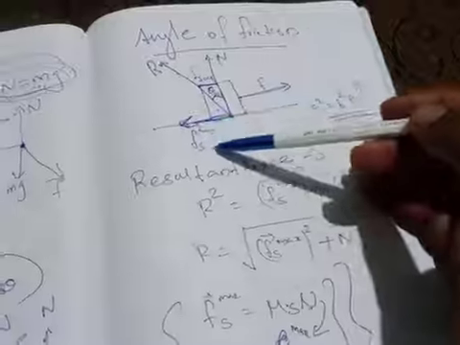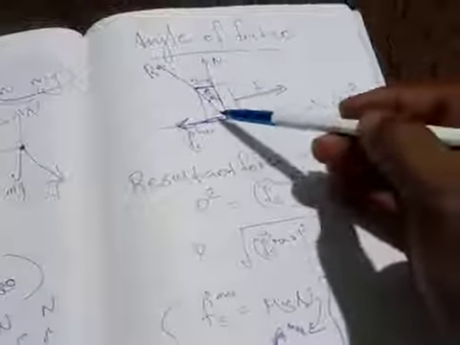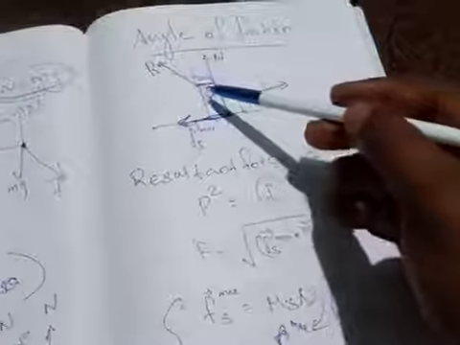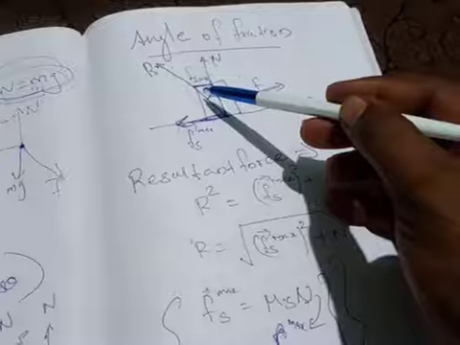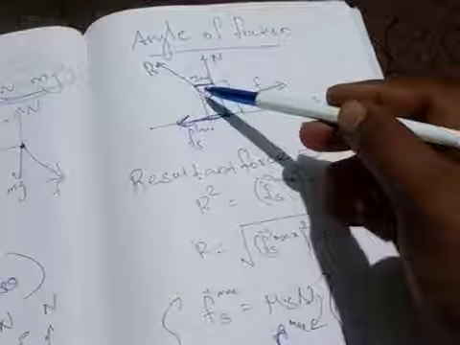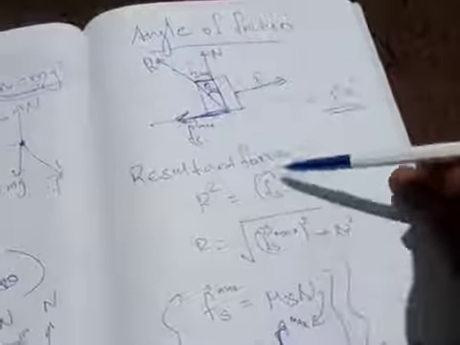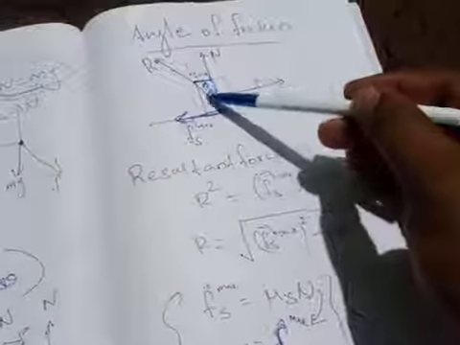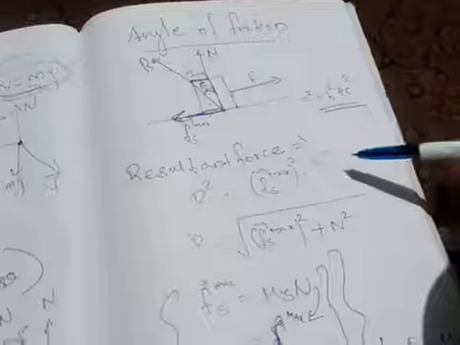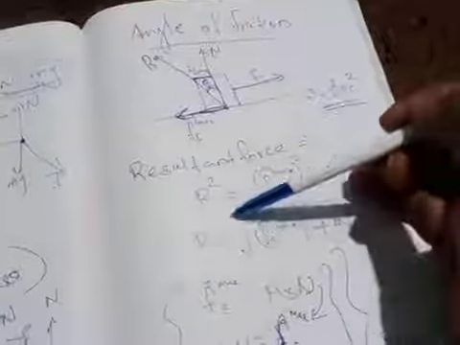First you have to find out the resultant force by using a square is equal to b square plus c square form. So r square is equal to b square plus c square we are taking. So if you are taking this one and this one, so Fs maximum square plus n square, and from that r we are finding. So we got the resultant.